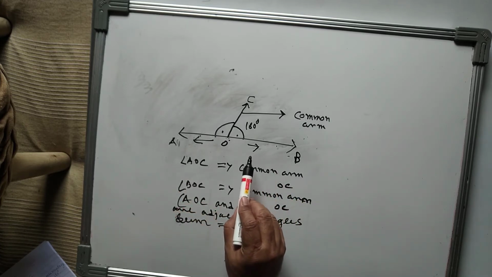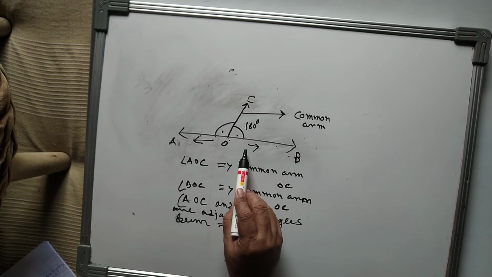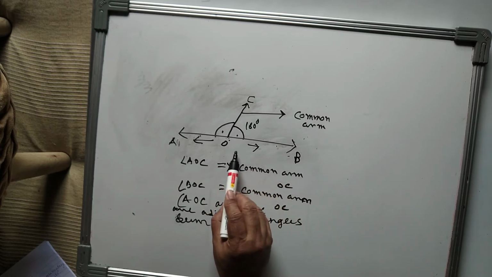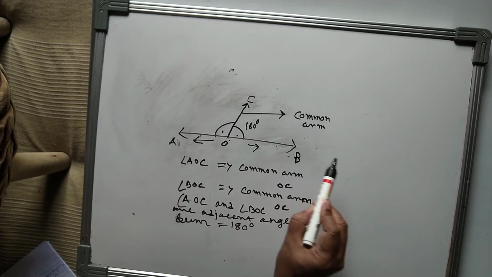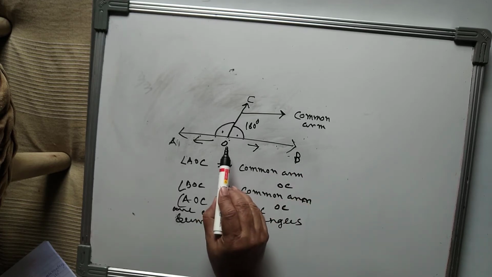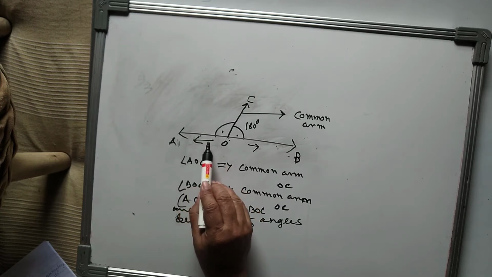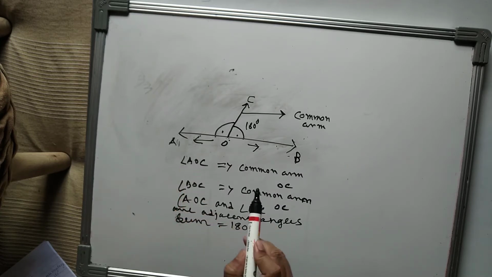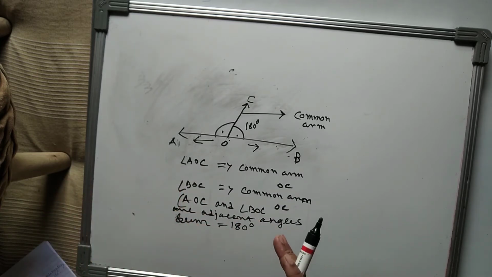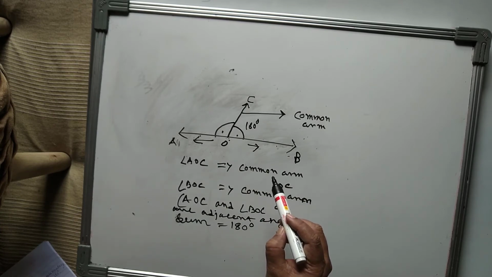See the direction. The direction of OA is on the right side, and the direction of OB is on the left-hand side. So they are opposite to each other.